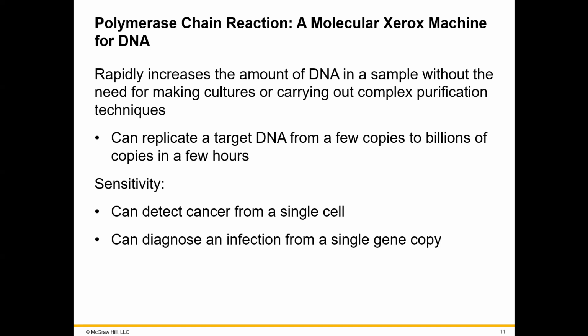That means you swab your nose and send it off to DLO to have it tested for the PCR machine. They only need one virus on that swab. So odds are if you're negative, you're negative. Okay, so it can diagnose an infection from one single gene copy. Very impressive stuff. And this is widely used technology.